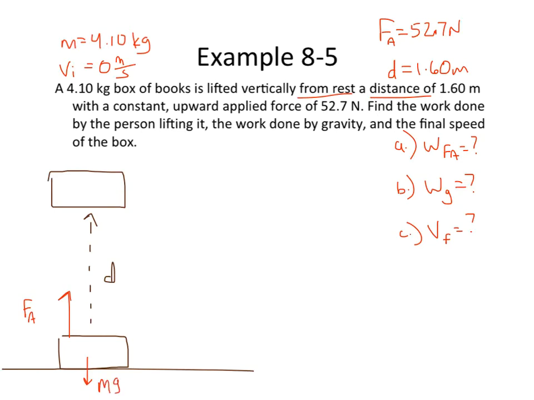Some people call it just W, but of course we call it mg. That directs downwards. And for the speed of the box, we can say the initial speed equals 0 meters per second. The final speed we want to find out.